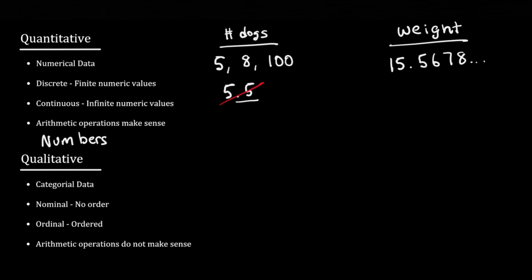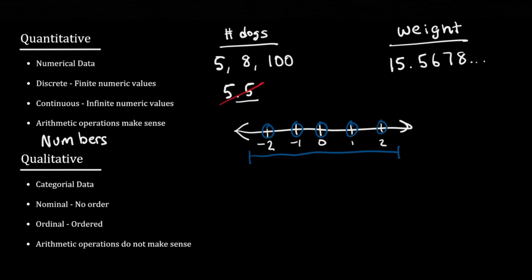To further illustrate this, let's take a look at a number line. We can see that our discrete values can actually only take on certain numbers on the number line, while our continuous variable can be any number on the whole interval.